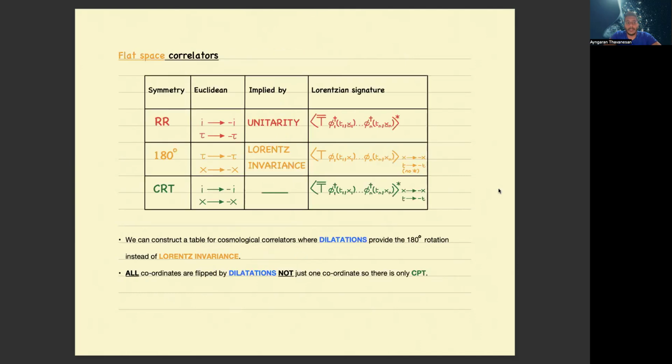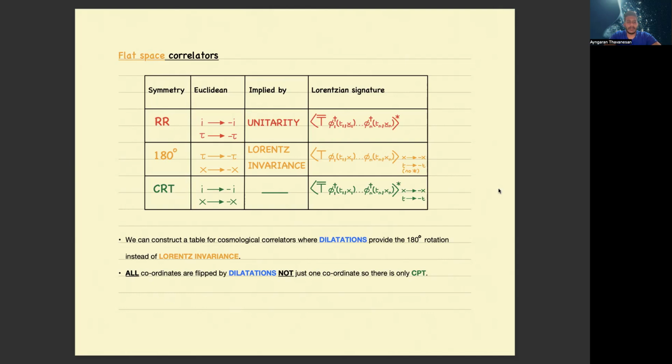And the constraints of these discrete symmetries on the observables in flat space, such as correlation functions, are depicted in this table. What reflection reality, which is implied by unitarity, does is relate a time-ordered correlation function to an anti-time-ordered correlation function with a complex conjugation.